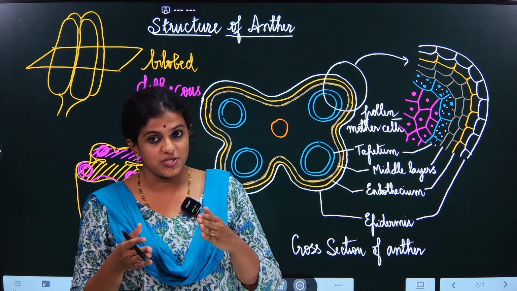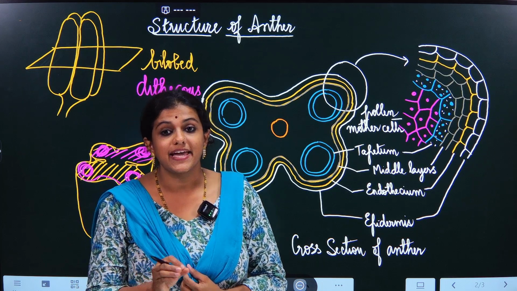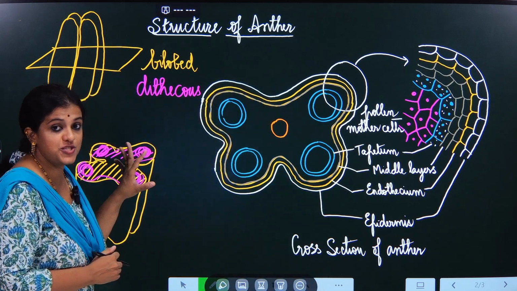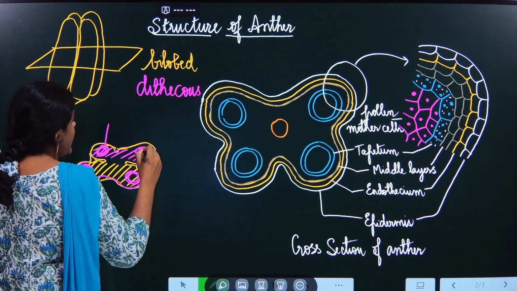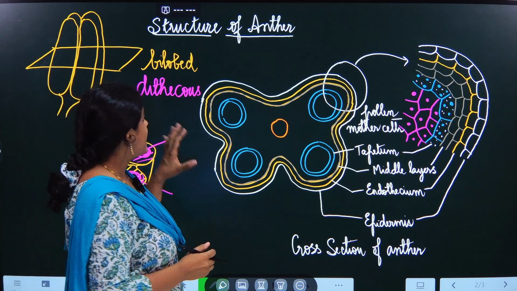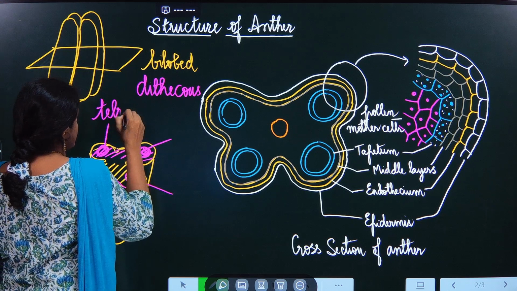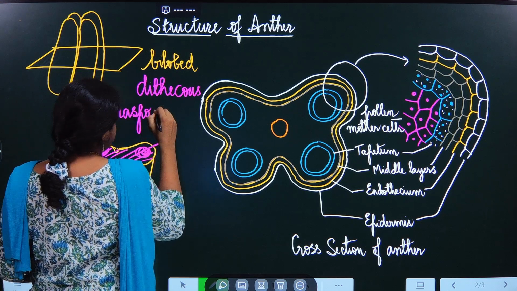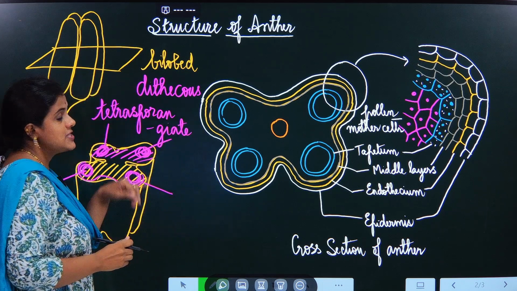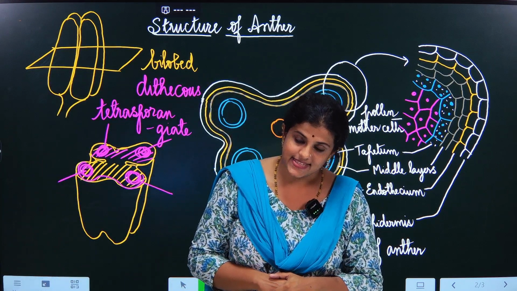Sporangia is plural, sporangium is singular, and because it is a male reproductive structure, we call it microsporangium or microsporangia. Here each anther can incorporate 4 microsporangia. That's why we call it tetrasporangiate. So, bilobed, dithecous and tetrasporangiate anther.